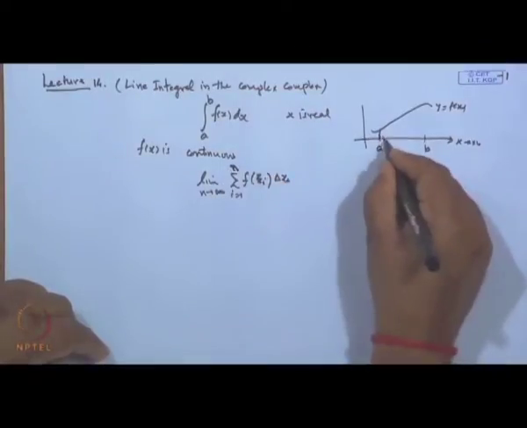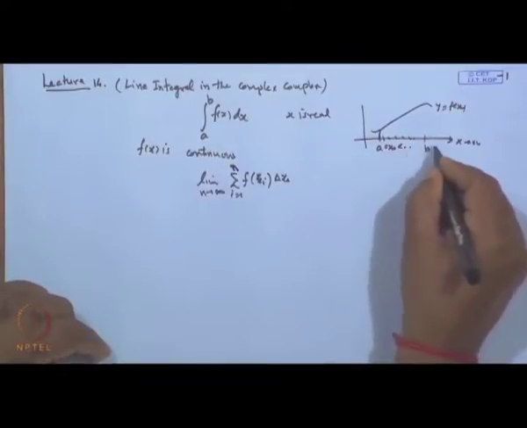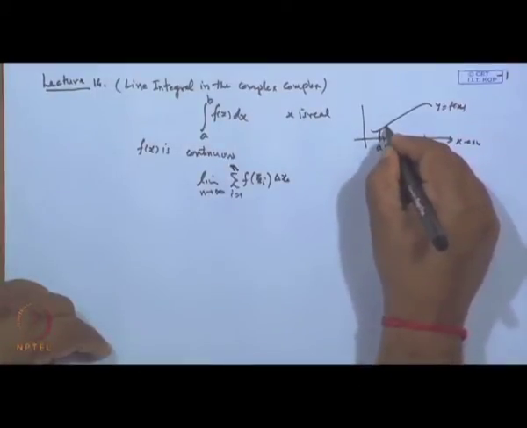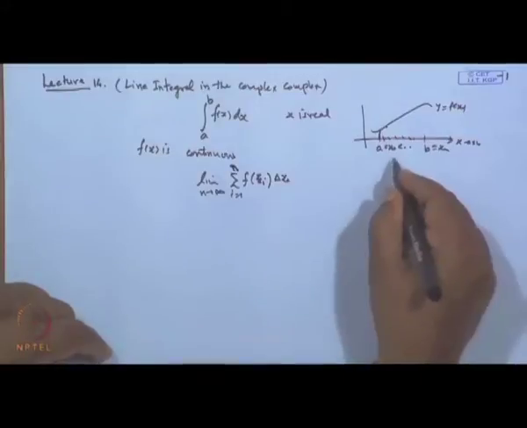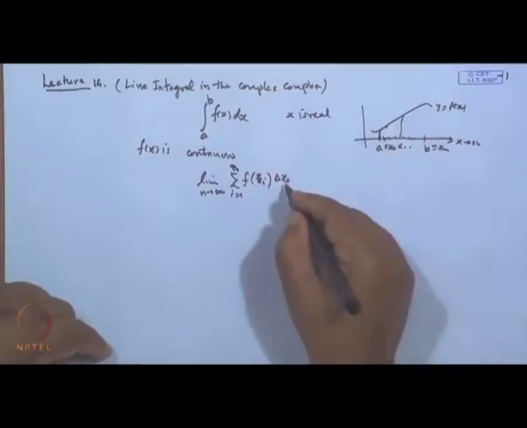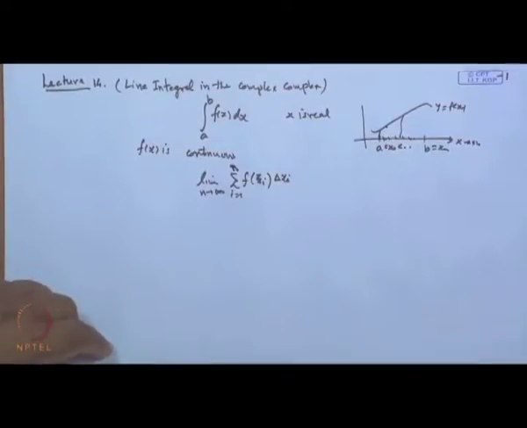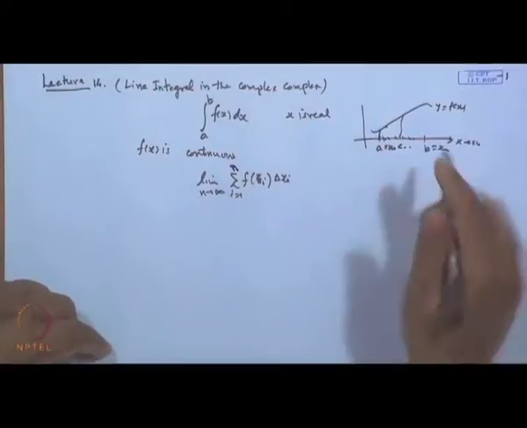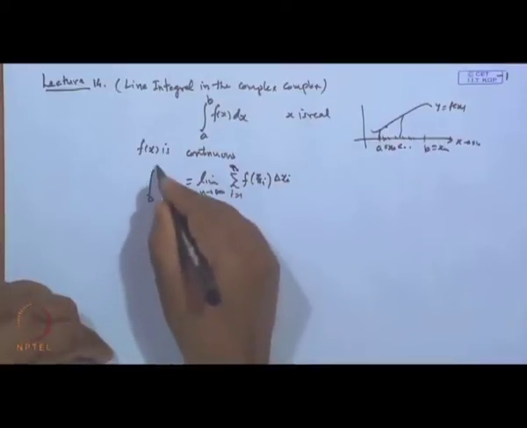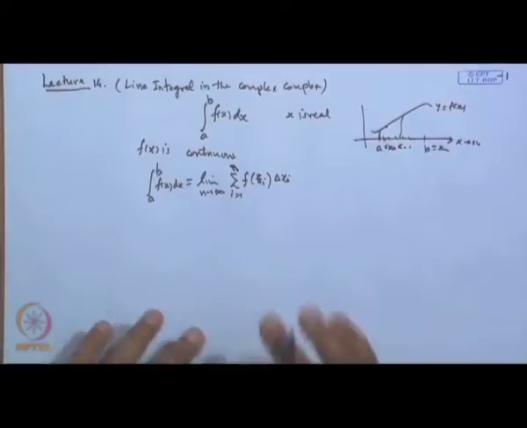That means we partition this interval into points x_1, x_2, ..., x_n, and in between these points find a number x_i, consider the functional value at these points, multiply by the length delta x_i, and take the summation i from 1 to n as n tends to infinity. Now, if this limit is independent of the partition of [a, b] and exists, then we denote it by the integral from a to b of f(x) dx, and it represents the definite integral.